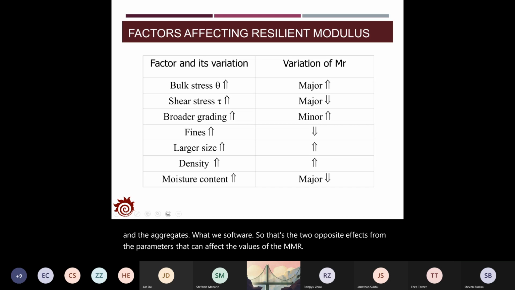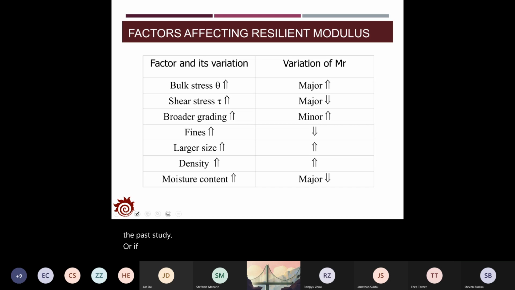Typically, we can make a summary of the factors with respect to the resilient modulus. Those are actually the results we obtained from past studies. If we increase the bulk stress theta, we will have a significant increase in the resilient modulus.